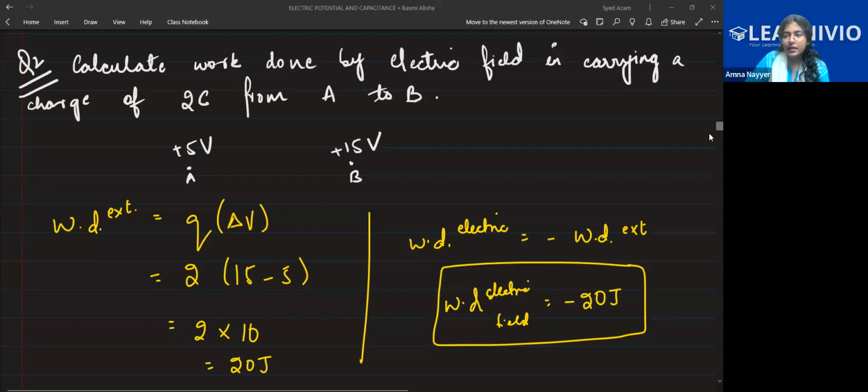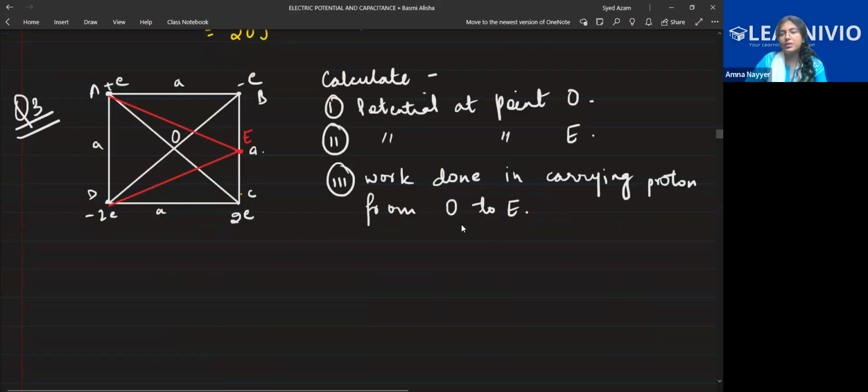Okay. See, this is one question which is based on the superposition principle. 4 charges are there, plus E, minus E, 2E, minus 2E. Now it is saying calculate the potential at O, then E, and then work done. Let's see the first part. Now at O, see side is A. So what will be AO equal to?